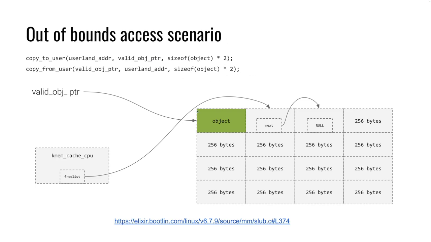Well, then the attacker can write this entire object plus all of the bytes of the freed slot after. And if that is the case, then the attacker can overwrite this next pointer, which would then influence what pointers would be returned from future allocations against this slab. And so this is a general out-of-bounds access scenario. We described both an out-of-bounds read as well as an out-of-bounds write.